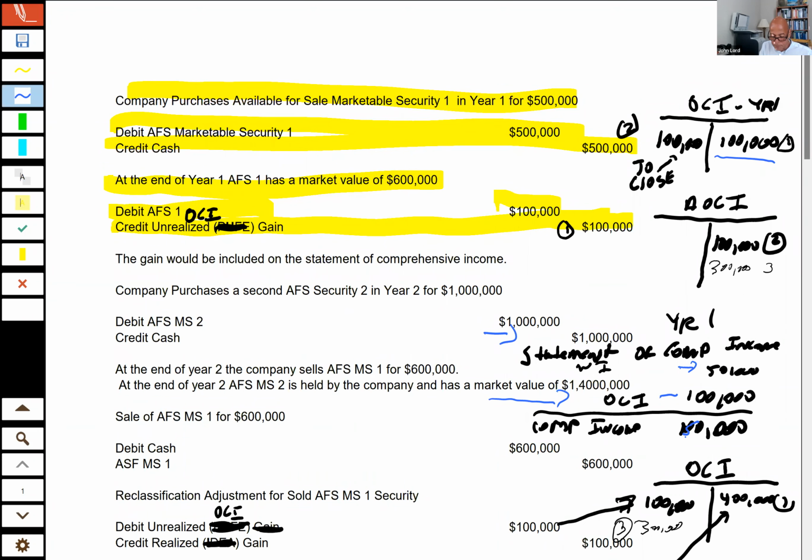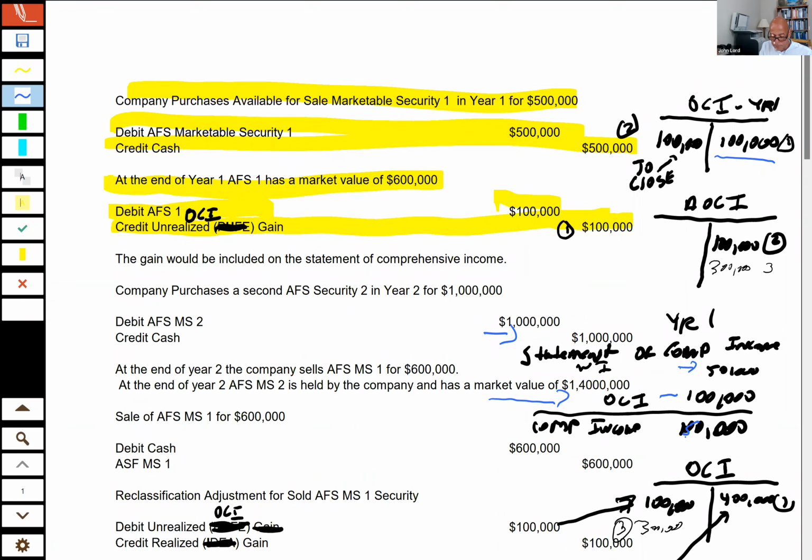Okay, and they tell us reclassification adjustments move other comprehensive income items from accumulated other comprehensive income to the income statement, and they call that a reclassification adjustment. Now, let's just go ahead and take a look at the same example now, continue on with the second year, and it'll make a little bit more sense of what we're talking about there.